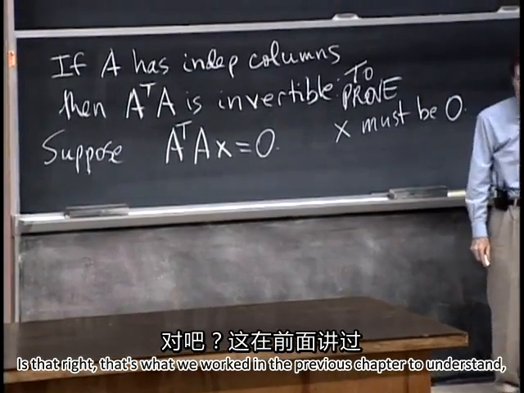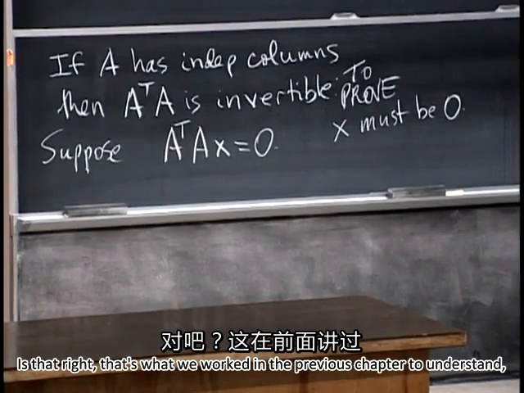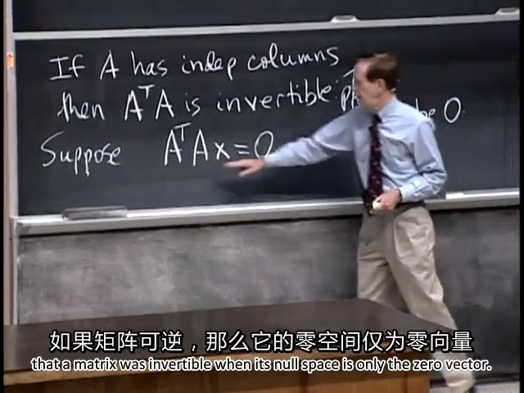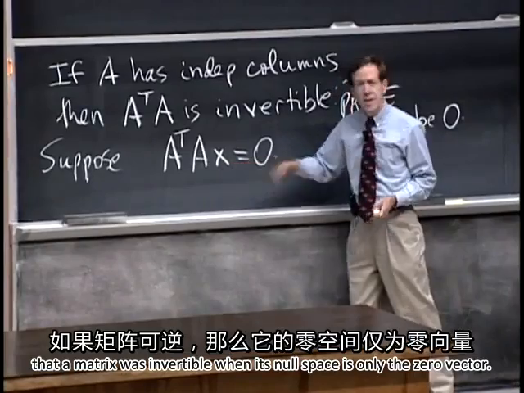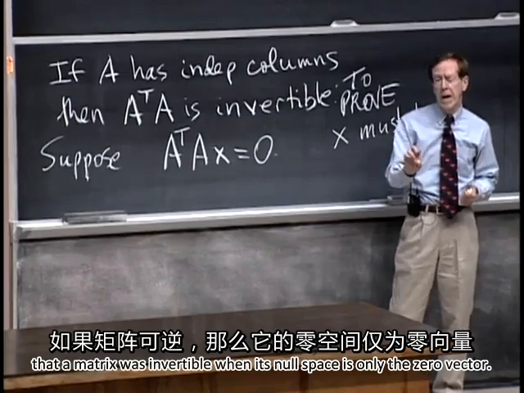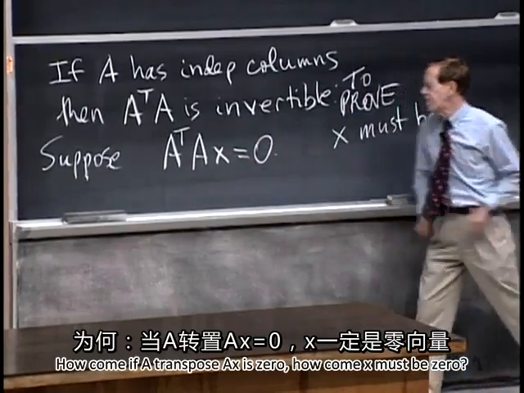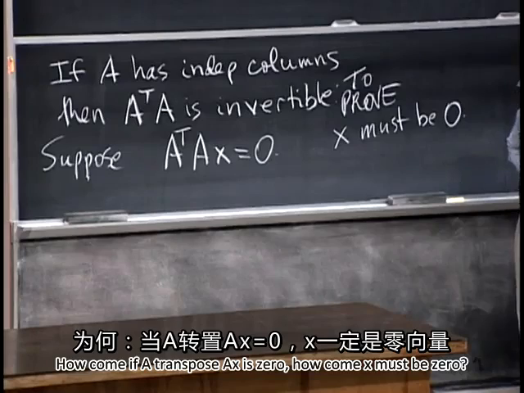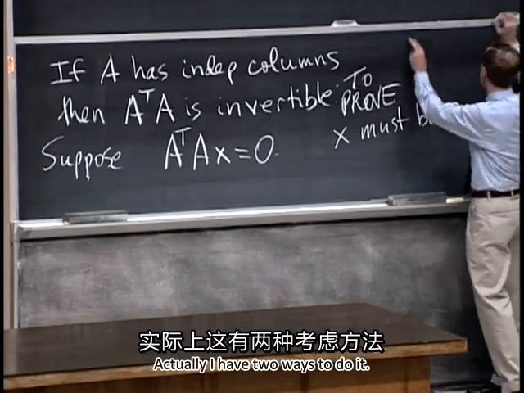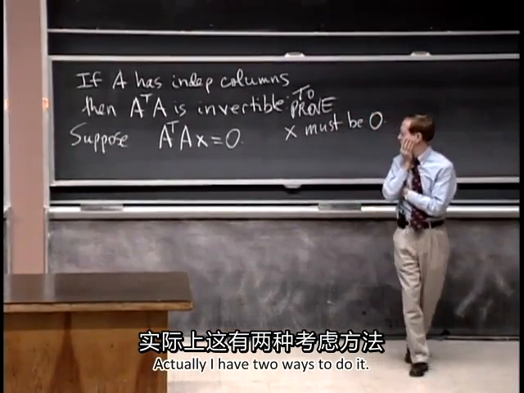Is that right? That's what we worked out in the previous chapter to understand, that a matrix was invertible when its null space is only the 0 vector. So that's what I want to show. How come, if A transpose A x is 0, how come x must be 0? What's going to be the reasoning? Actually, I have two ways to do it.